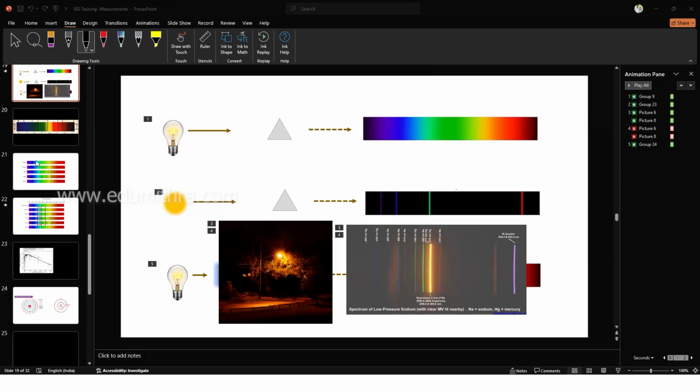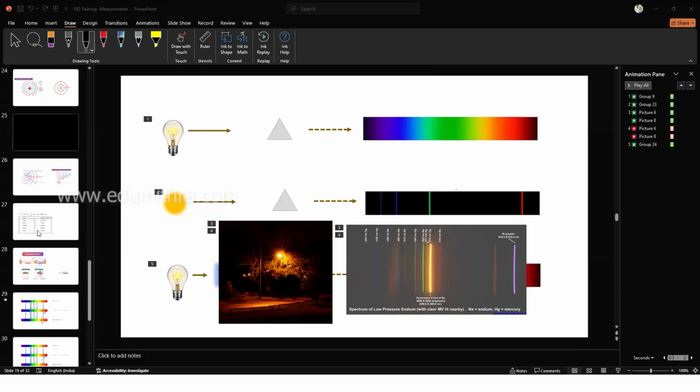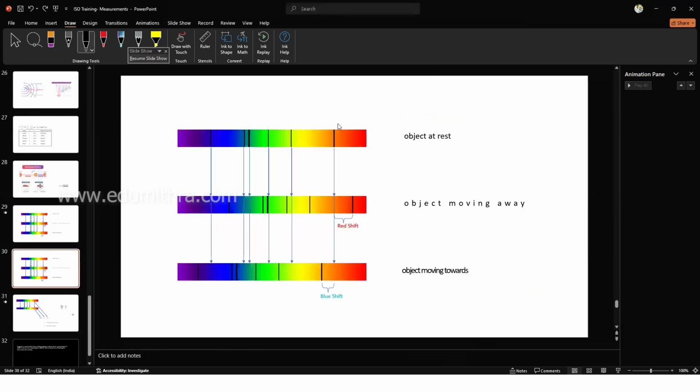I haven't said that they help to measure distances. Redshift and blueshift means when light is coming from a celestial source, at rest we get certain lines, and when the object is moving away from you, those lines will be shifted towards the red side. That is called the redshift.